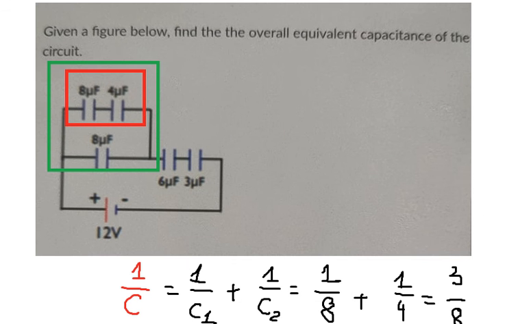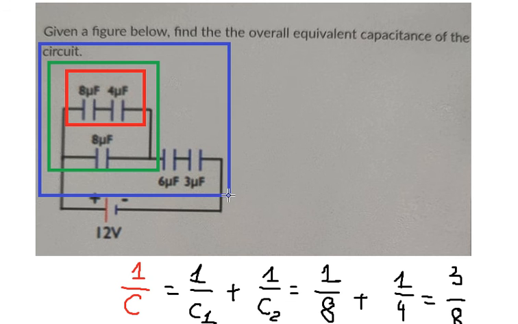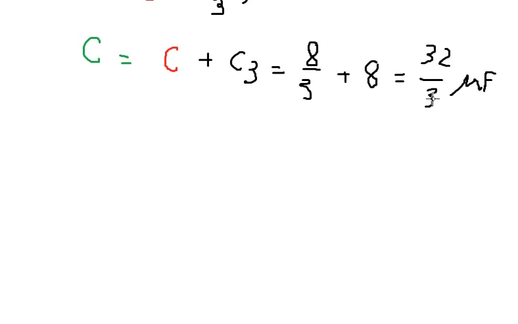And now the last one, we want to find the total. We see that the green one and C number 4, C number 5 are in series in here. So we can find the last one.